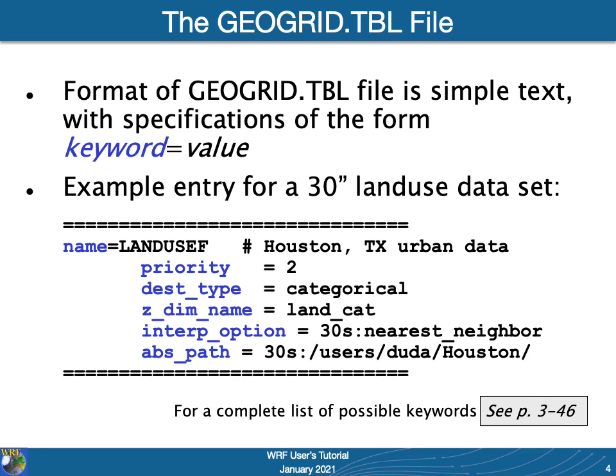Interp options specifies different interpolation options that the GeoGrid program should try to use when interpolating the field onto your model grid. And abs path is the absolute path of the data set to be interpolated on the file system. Instead of an absolute path, it's also possible to specify a relative path with the rel path keyword. This relative path is relative to the geographical data root that you specify in the namelist.wps file.